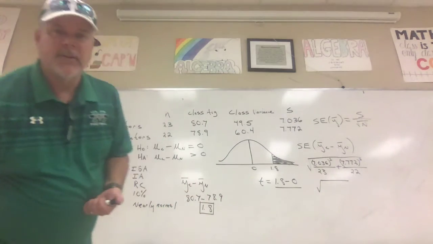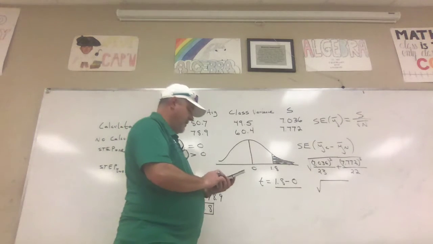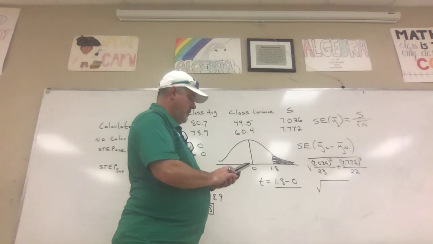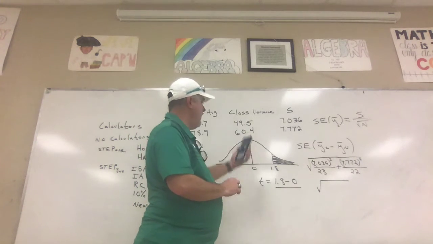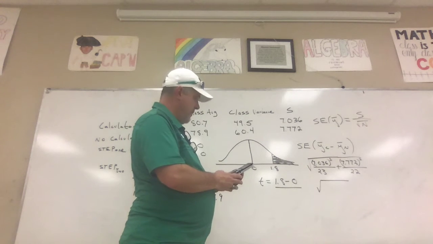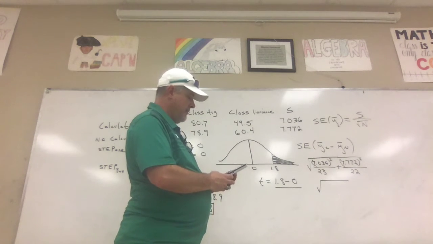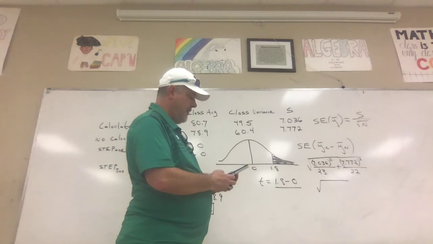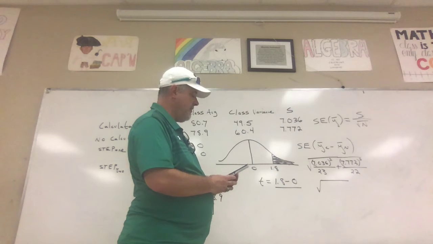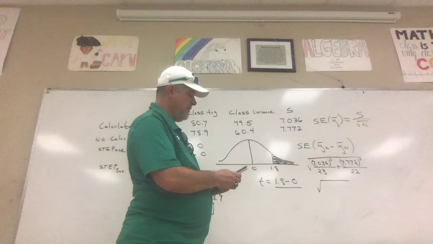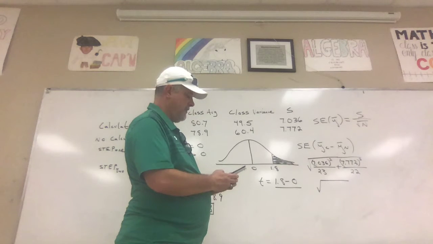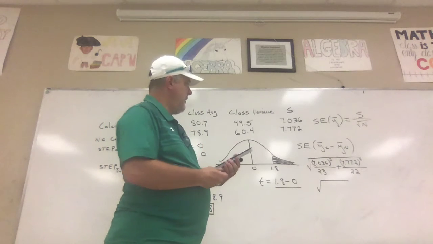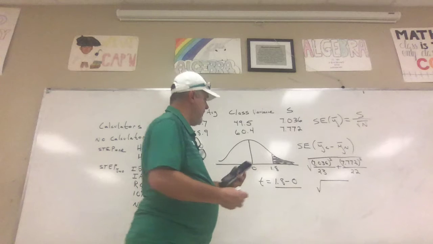All right, let's get my calculator out here. So 7.036 squared takes me back to the 49.5, divided by 23, plus 7.772 squared divided by 22, and I get 4.898.